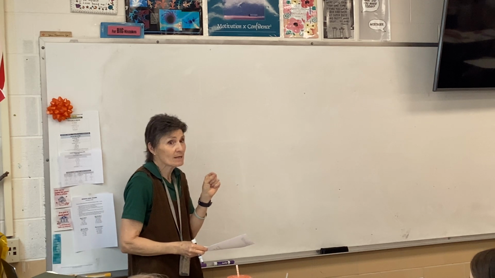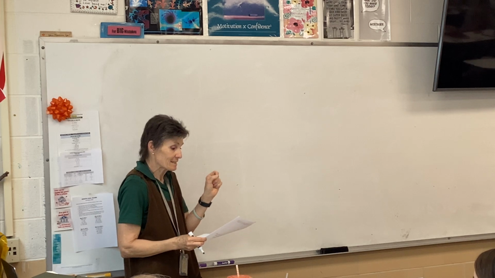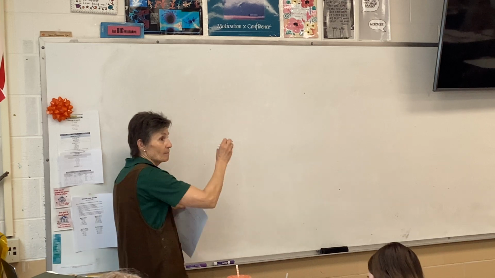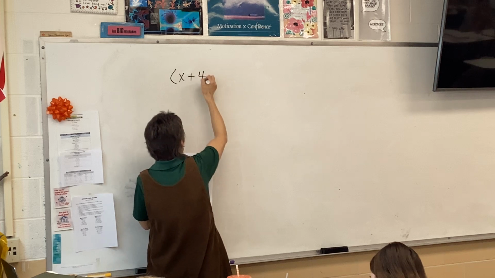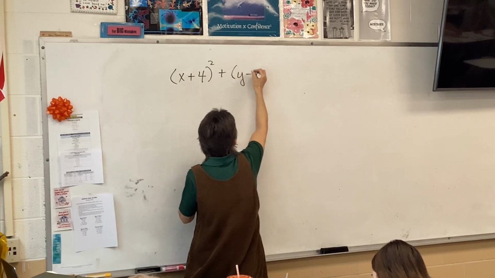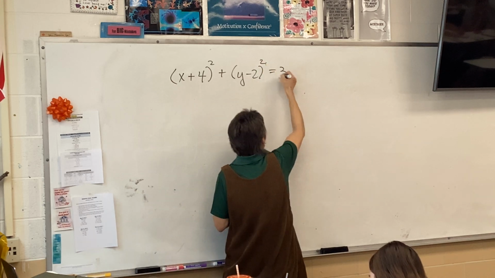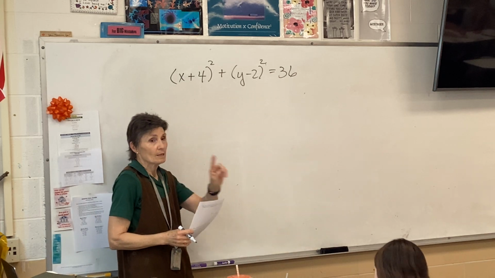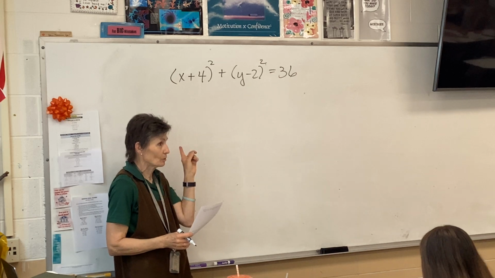Can anybody tell me what the equation of the circle looks like with a center at -4,2 and a radius of 6? X plus 4, I heard somebody say it, squared, plus y minus 2 squared equals 36. Done. There literally is no work. You just have to know what a circle equation looks like. That is a circle equation.